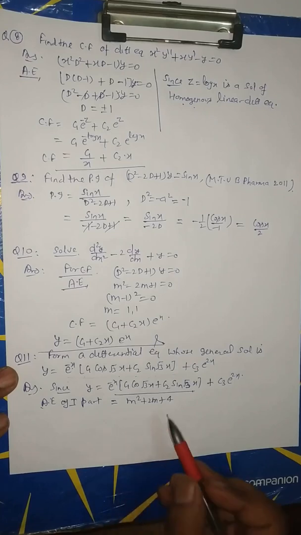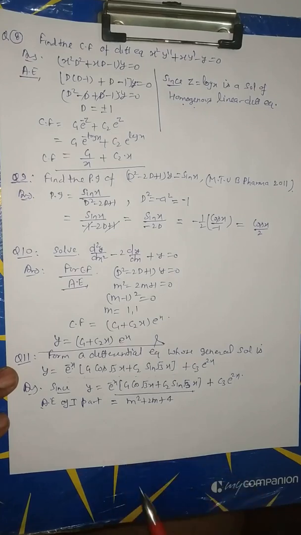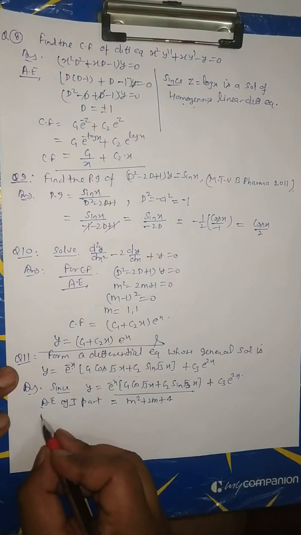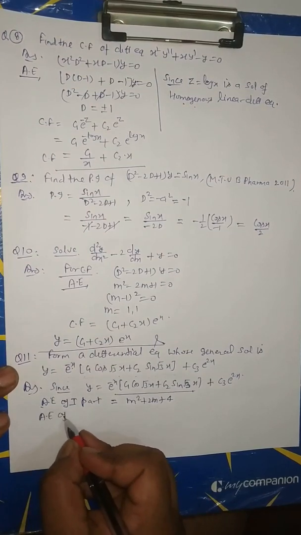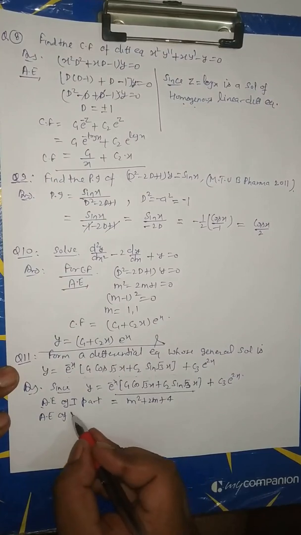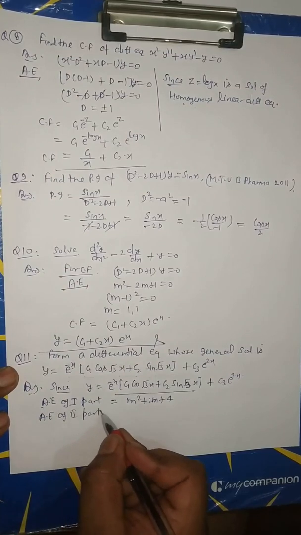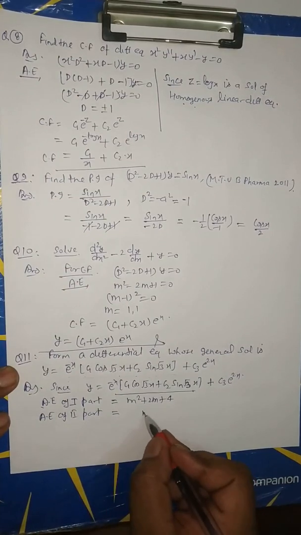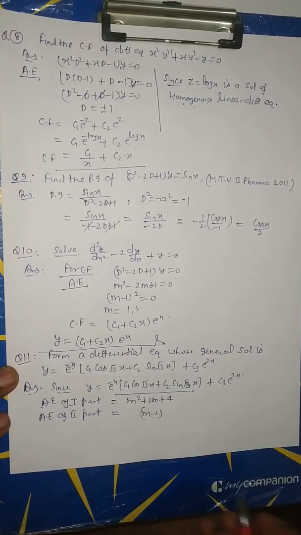Solving this, we get the value of m as minus 1 plus minus root 3 i. Similarly, the auxiliary equation of the second part is m minus 2.